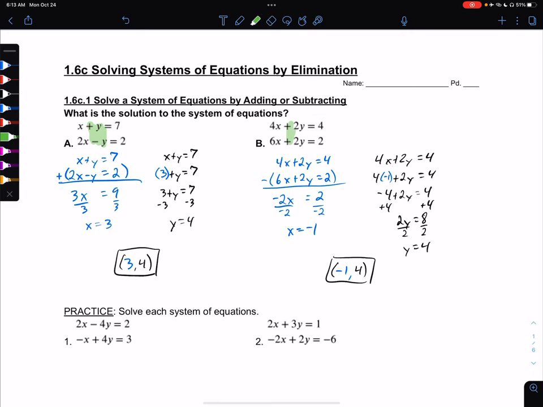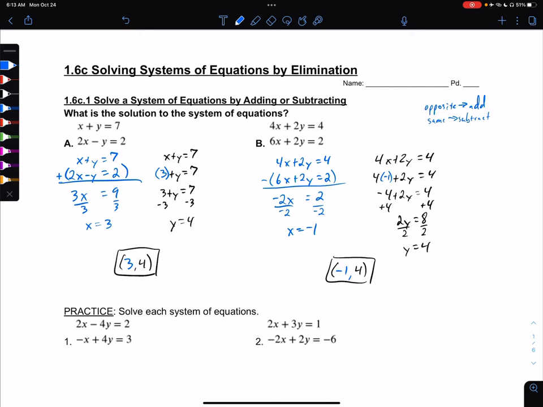In part B, our symbols are the same, right? Plus 2. So there you would subtract. So the note to yourself is that if they are opposite, you would add, and if they are the same, you subtract.